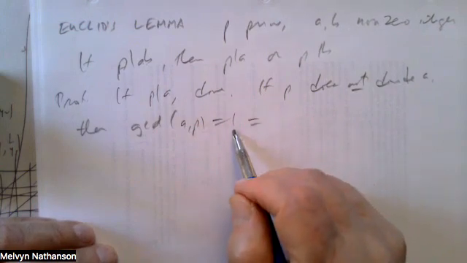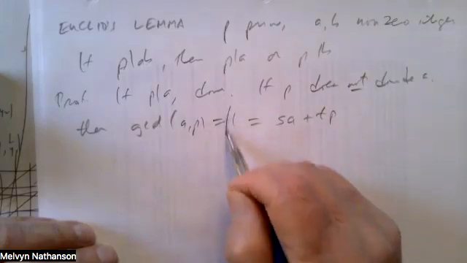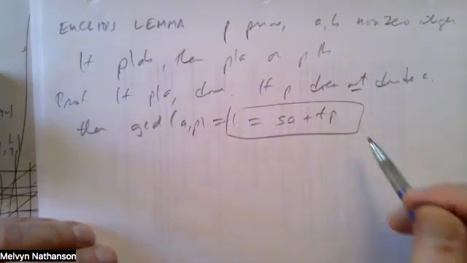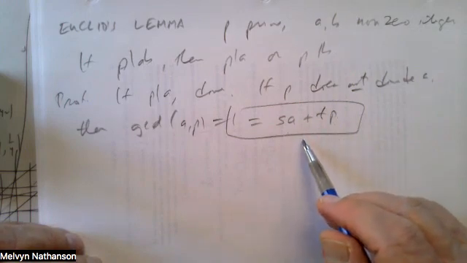And so you can write 1 as some linear combination of A and P. So 1 is equal to SA plus TP for some integers S and T.